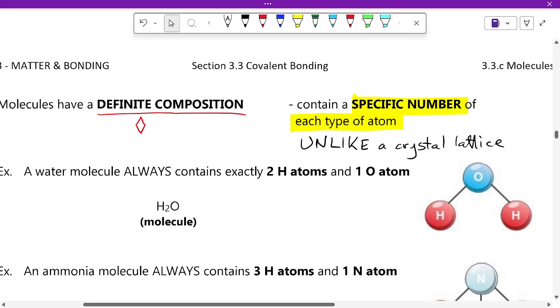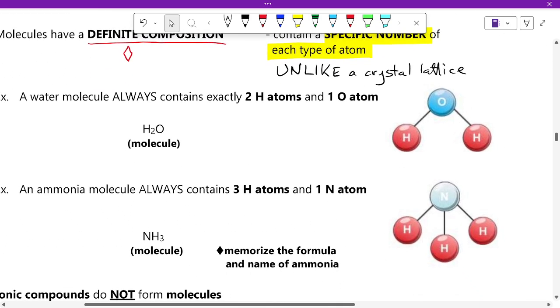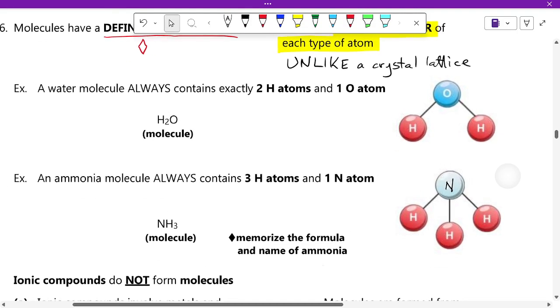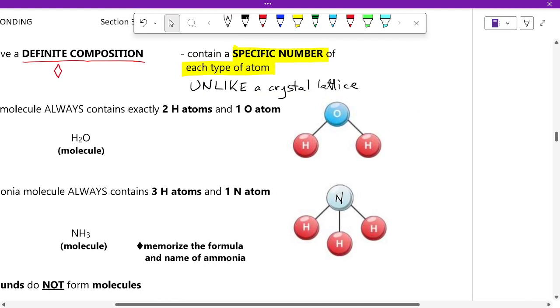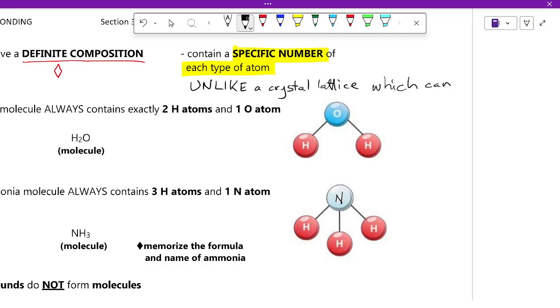A water molecule is always 2 hydrogens and 1 oxygen. Ammonia is always 3 atoms of hydrogen and 1 nitrogen. Let's make that an N. Unlike a crystal lattice, which can be bigger or smaller.